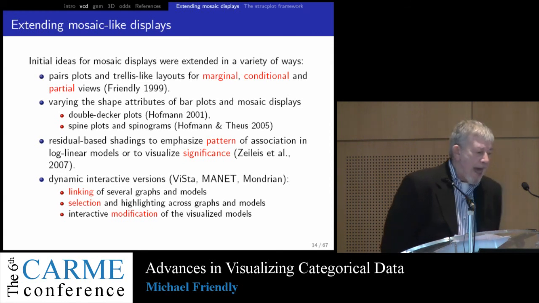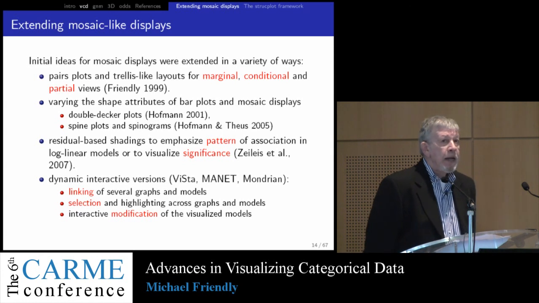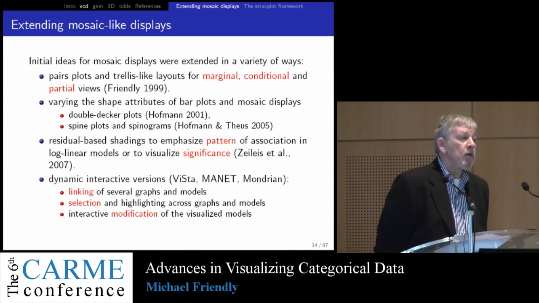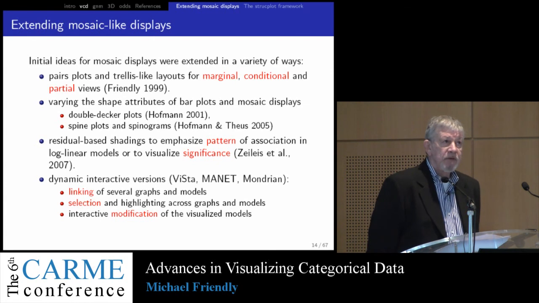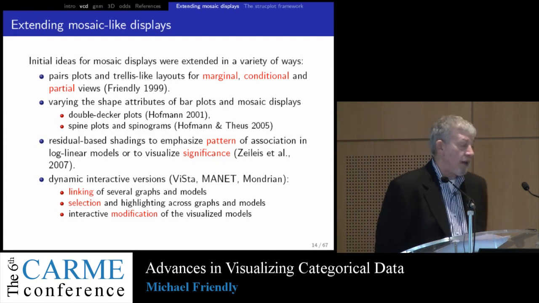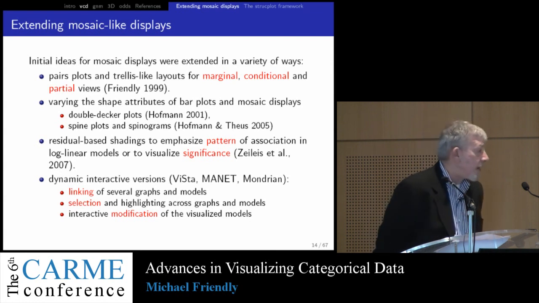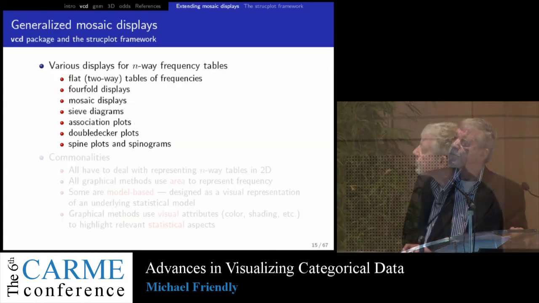The patterns of residual shadings that I've developed have been extended to show not just the pattern of association, but significance, either statistical significance of an overall model or significance of individual cells in a frequency table. And of course, there have been developments of dynamic interactive versions, which I think are fundamental for actually using some of these methods, particularly with complex models.